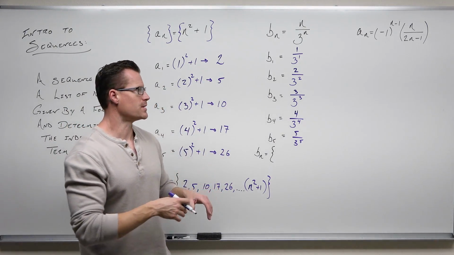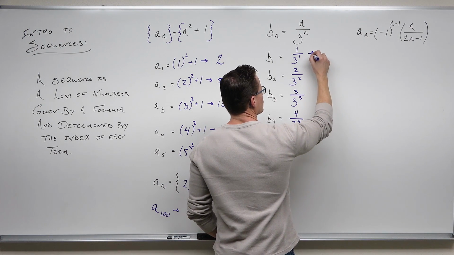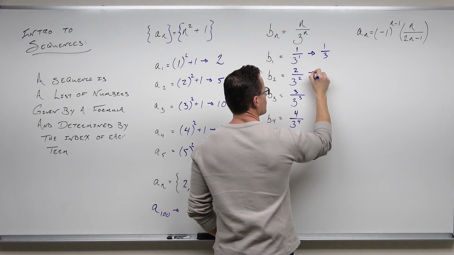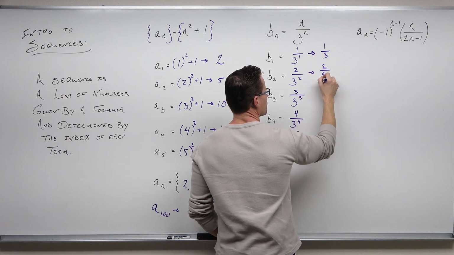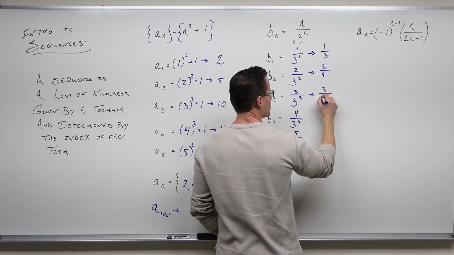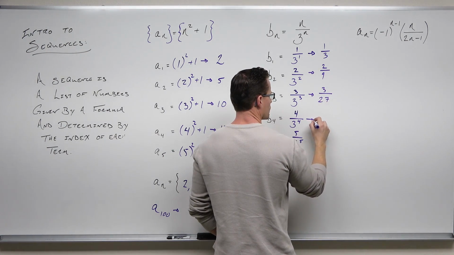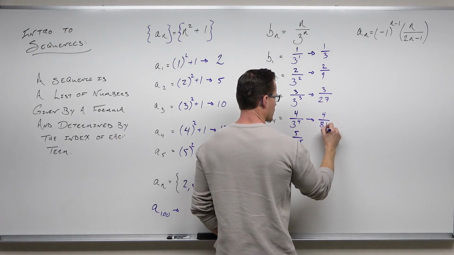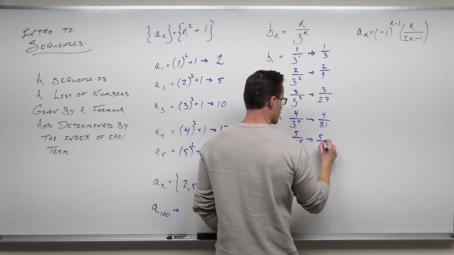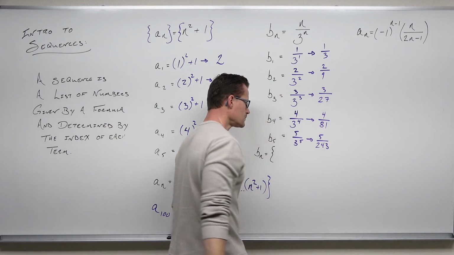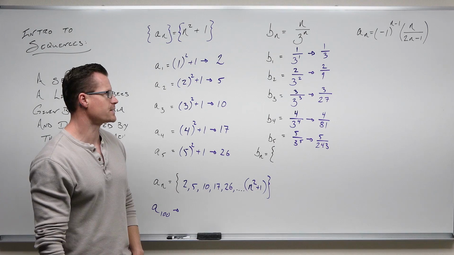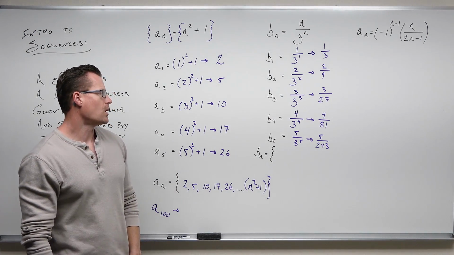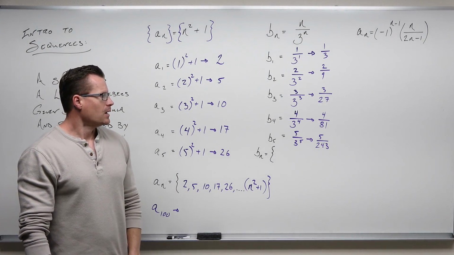Now we're going to simplify these. We get 1/3, 2/9, 3/27, 4 over 81, and 5 over 243.